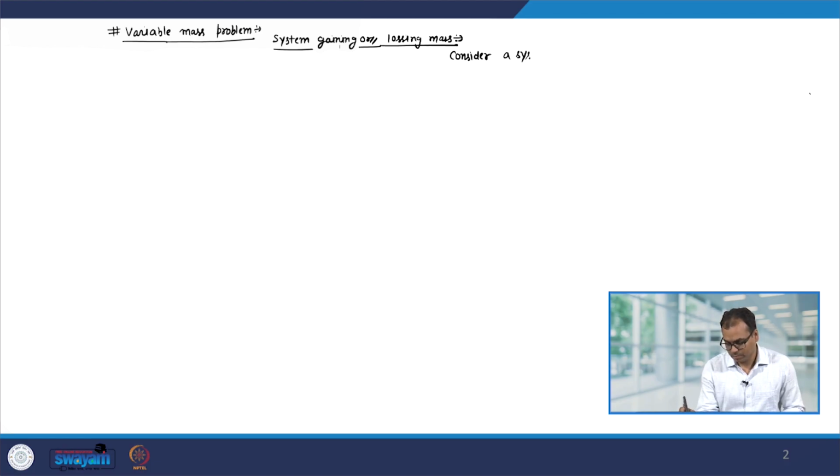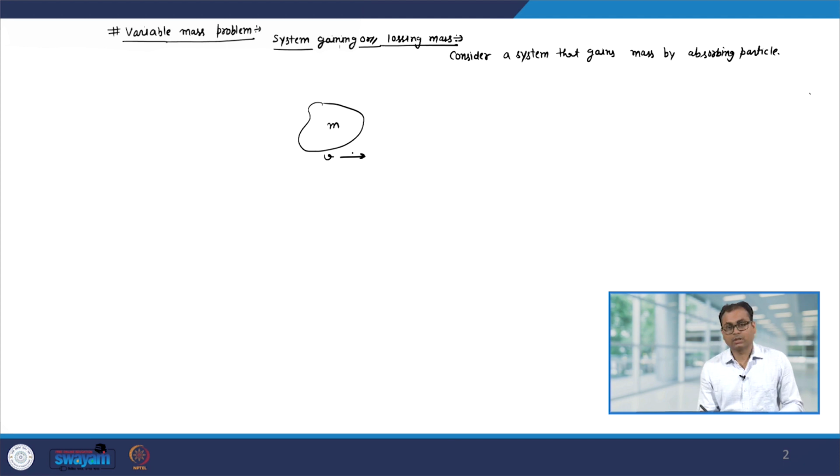So we are going to consider a system that gains mass, let us say by absorbing a particle. Let us say I have a mass m which is moving with velocity v, and I have another mass, let us say delta m, moving with velocity v naught.